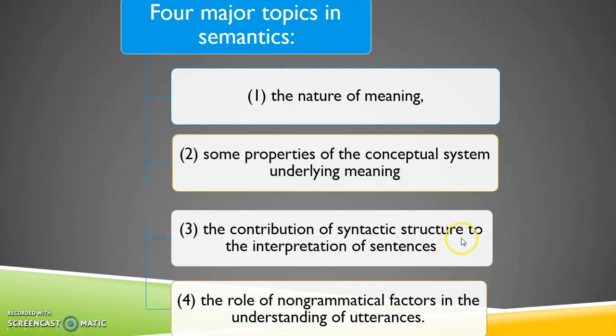So here there are four major topics in semantics: the nature of meaning, the conceptual system underlying meaning, the contribution of syntactic structures to the interpretation of sentences, and the role of non-grammatical factors in the understanding of sentences. In this lesson, we're just going to deal with the nature of meaning.